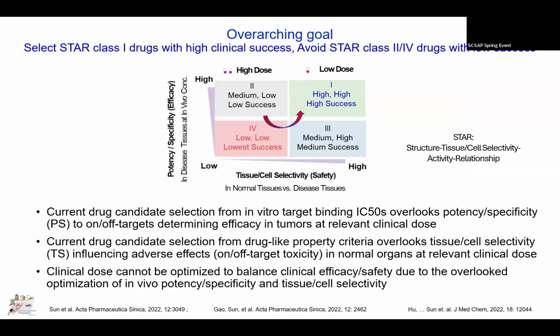What we try to help with is this: in today's drug discovery, even in industry, when we optimize potency and specificity, we mainly focus on the test tube, where all those IC50 values for potency and specificity are not clinically relevant, so we waste a lot of time.